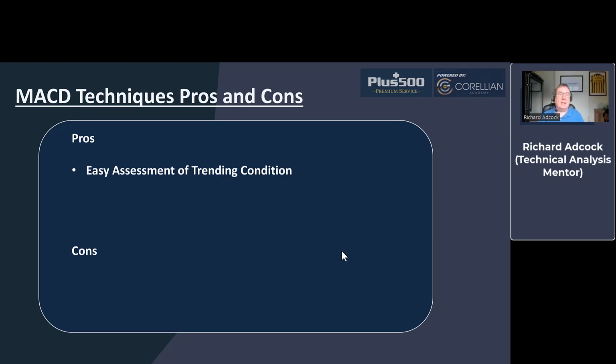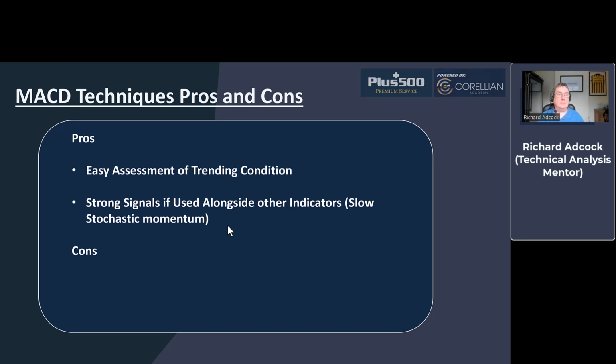Okay, so just in summary, with the MACD, the pros and cons of using the MACD: it gives us an easy assessment of the trending condition, whether it's an aggressive up or down trend or a consolidation within that trend.